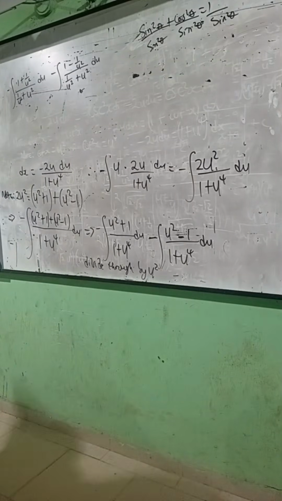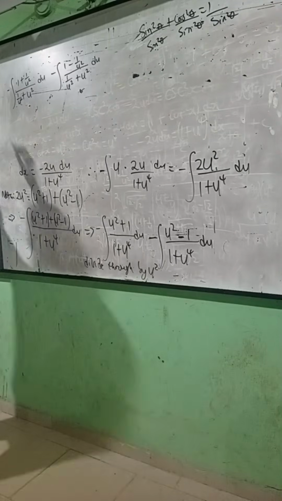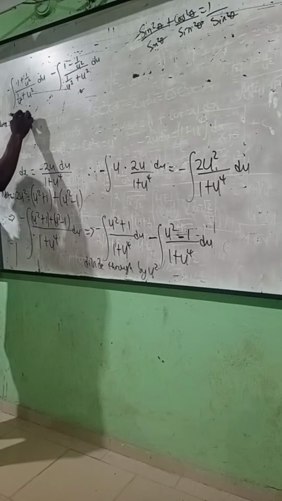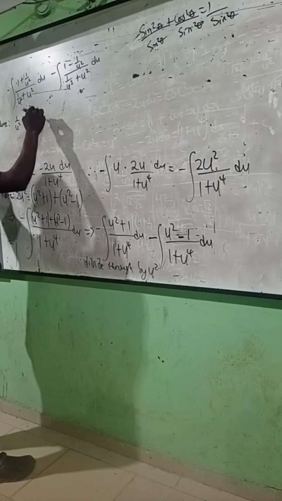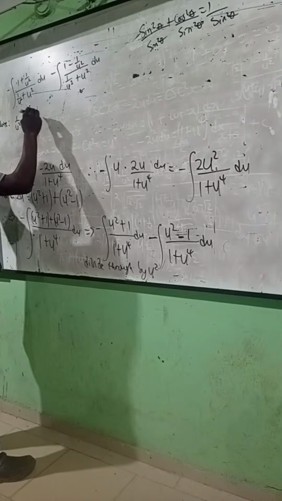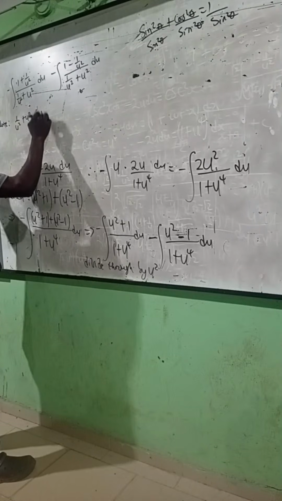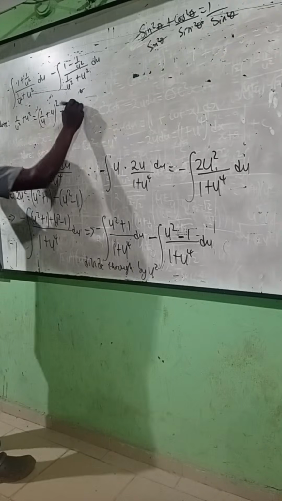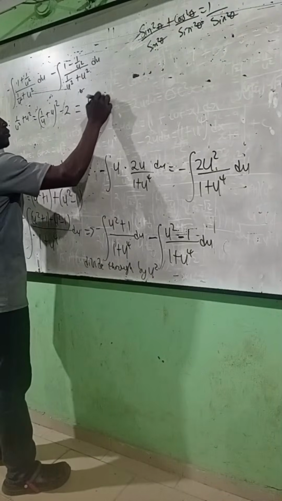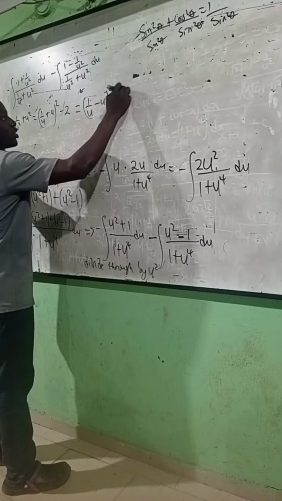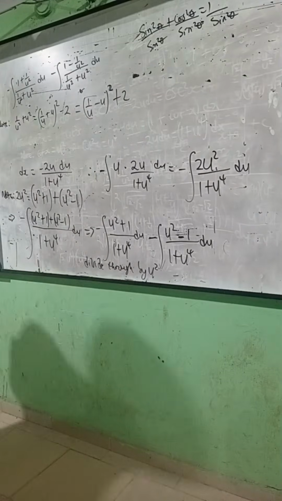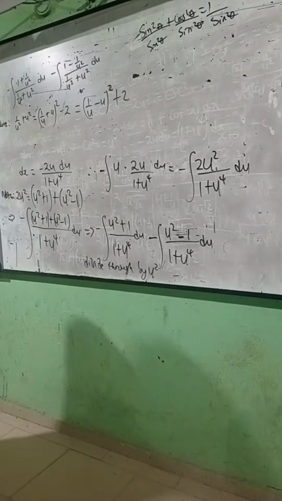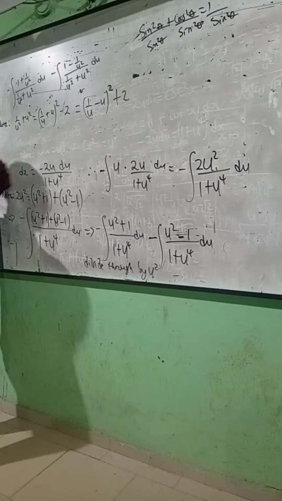Now this guy here, note 1 over u squared plus u squared equals 1 over u plus u all squared minus 2, which is also equal to 1 over u minus u all squared plus 2. Let's confirm that. 1 over u times u is 1. Yeah, that's correct. Are we done with this line?